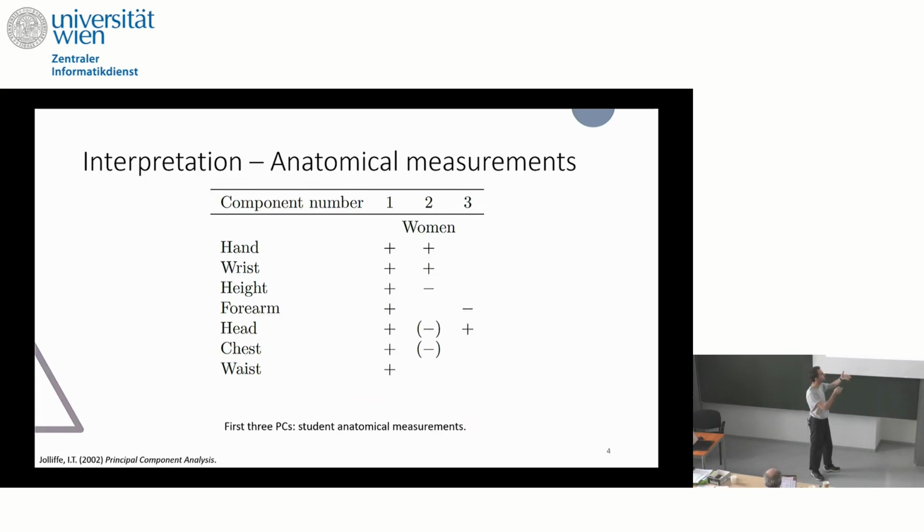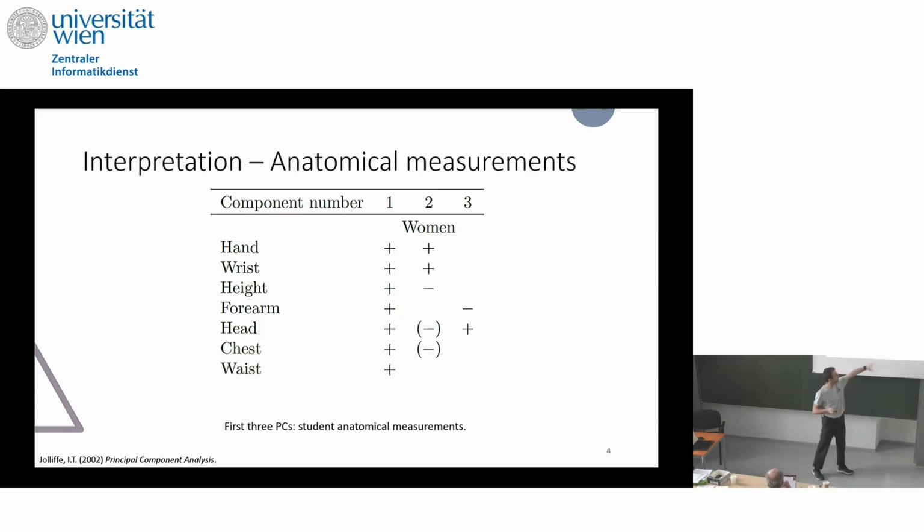With a kind of thresholding, we can get a simpler representation of those loadings. We can see, for instance, that the first mode of variability is positively correlated with all the measurements. This could be interpreted as the main mode of variability in the data being the overall size of the student. It varies from the smallest student to the tallest student, let's say.